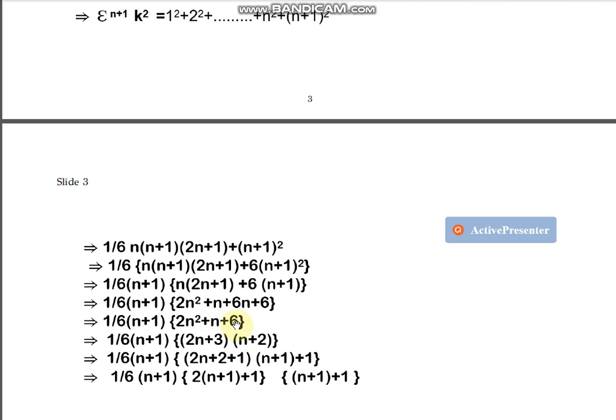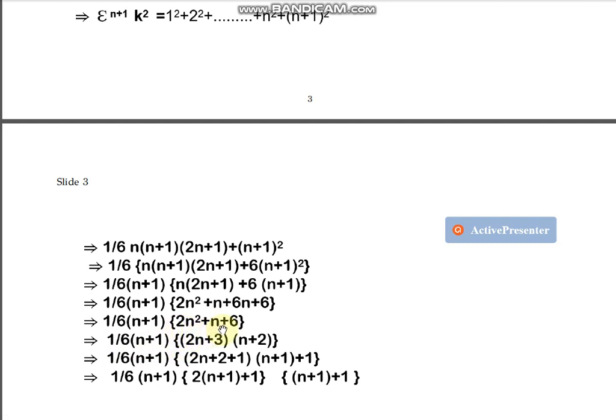Somebody can ask, where is this 6n that was here? It is just simpler that we are having 1 over 6 n plus 1, 2n squared plus n plus 6. Then we move on, of course, now reducing this.